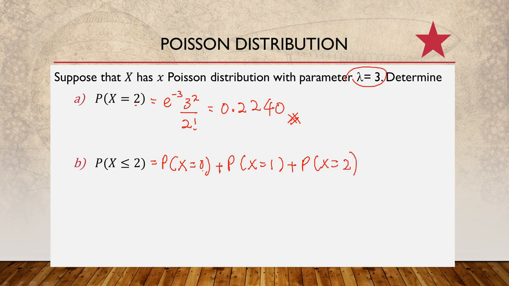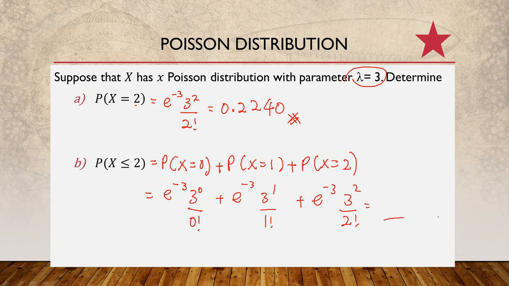You have to calculate all three: e power negative 3 power 0 over 0 factorial, plus e power negative 3 power 1 over 1 factorial, plus e power negative 3, 3 squared over 2 factorial, and you get the answer. For small probabilities it's easy to calculate, but if you have many, it's kind of tedious.